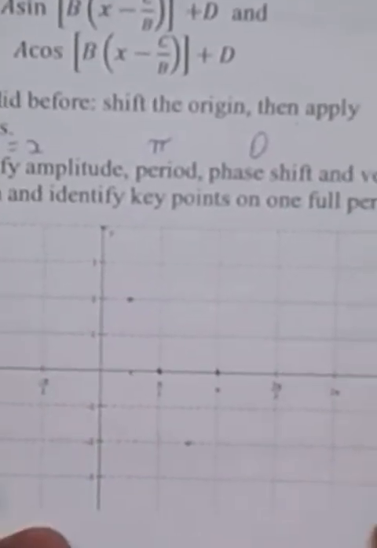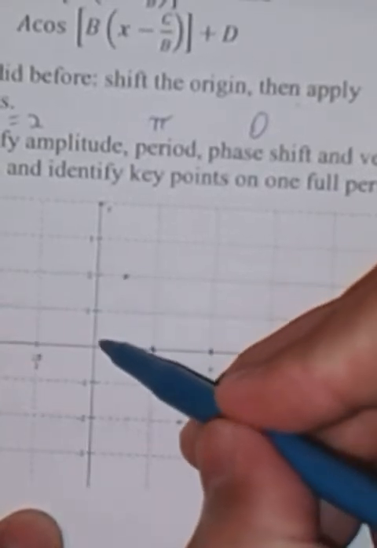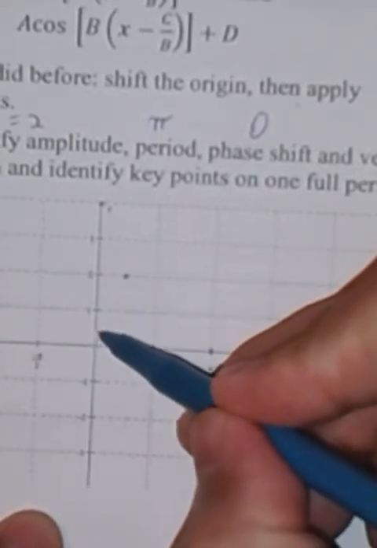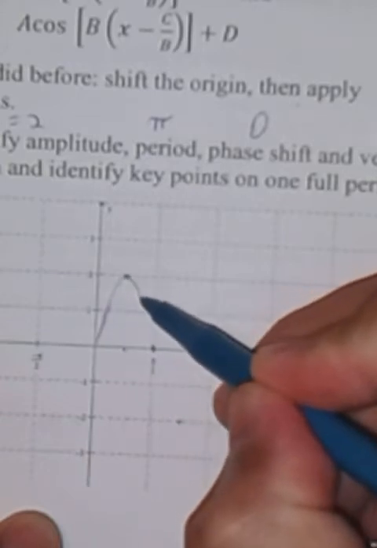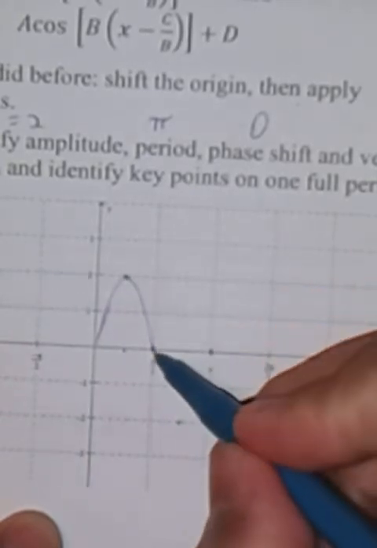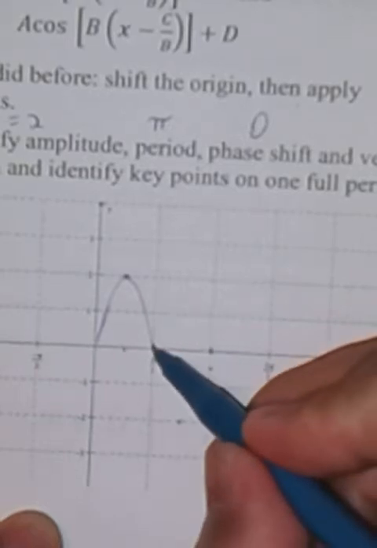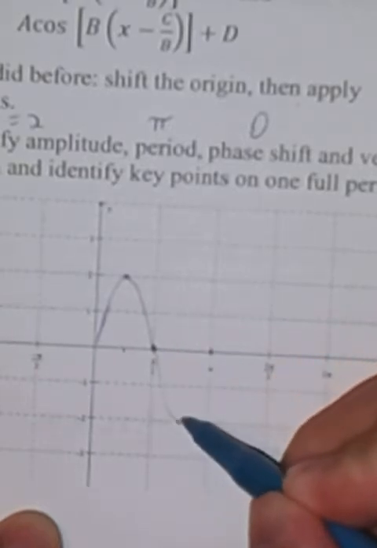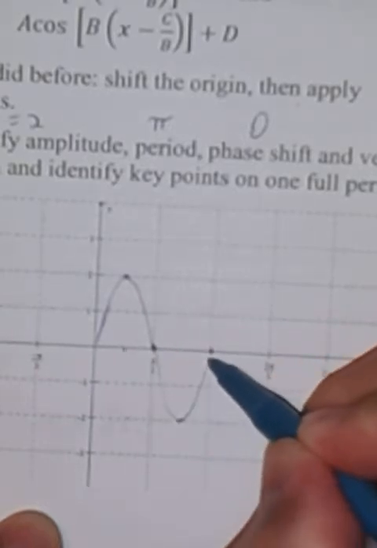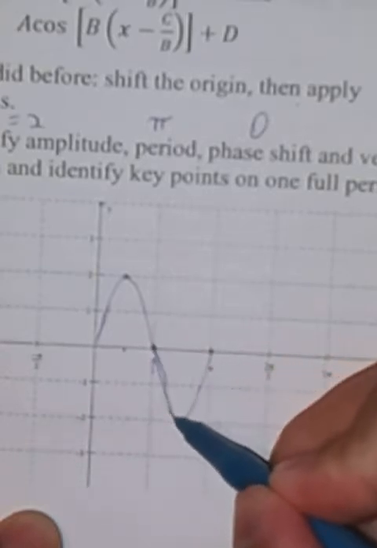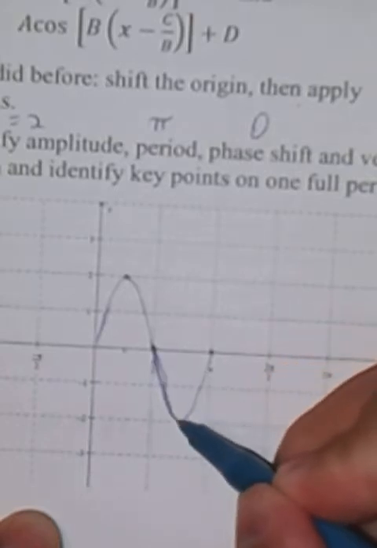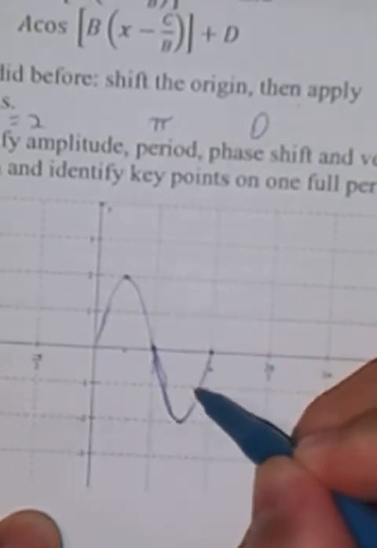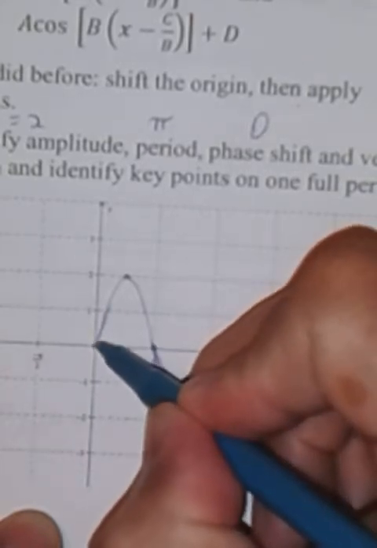Okay, so let me fill in. I'm just going to draw my hill and my valley. So my hill goes up, touches there, comes back down to pi over 2, 0, down to 3 pi over 4, negative 2, and then up to pi, 0. Notice it's just a sine wave, but shrunk in half horizontally and doubled vertically.